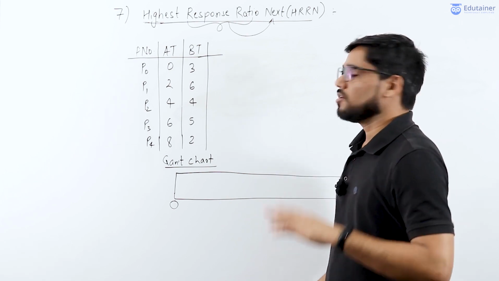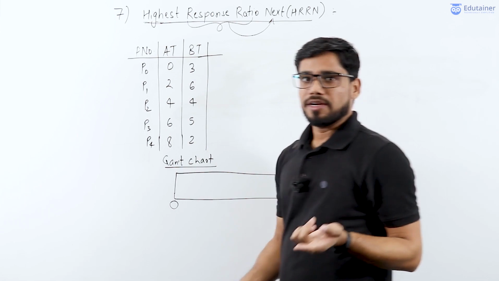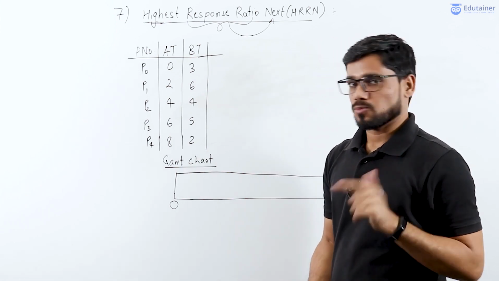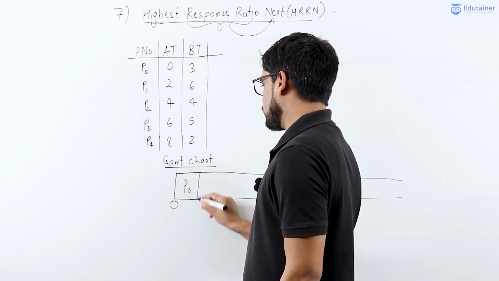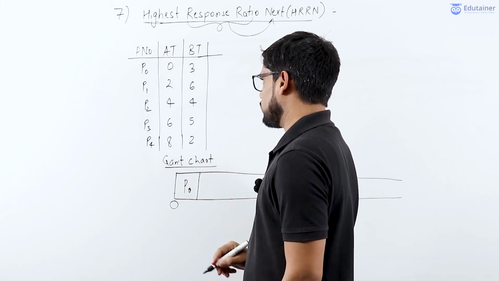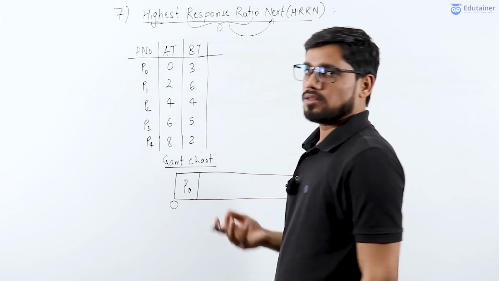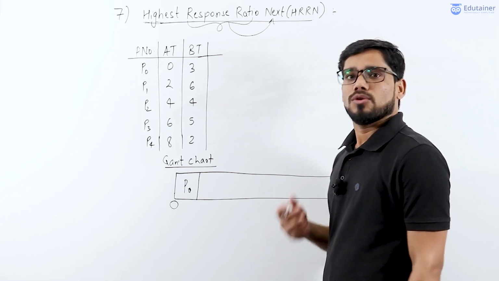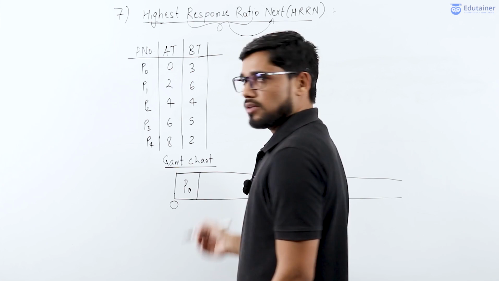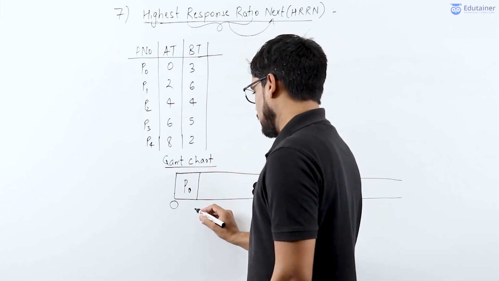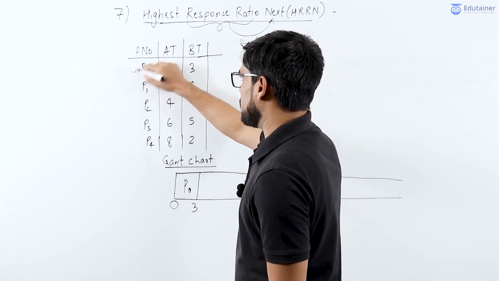After the process that arrived at 0 is completed, we find the response ratio. So P0 is scheduled to the CPU at time 0, and it requires 3 units of time. Since highest response ratio is non-preemptive, P0 will complete its total requirement. So 0 plus 3 is 3. Now process P0 is completed.